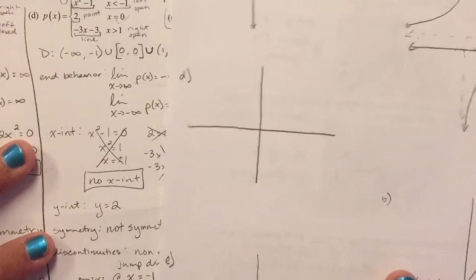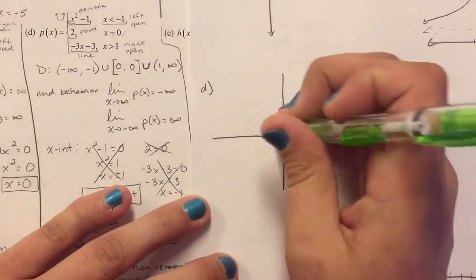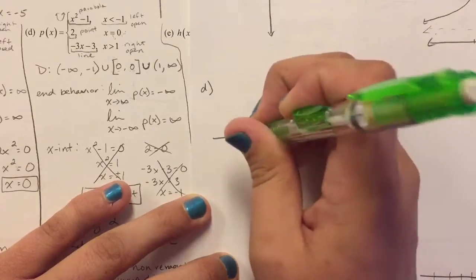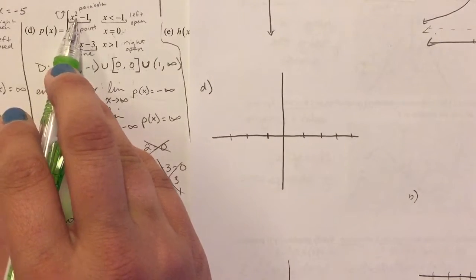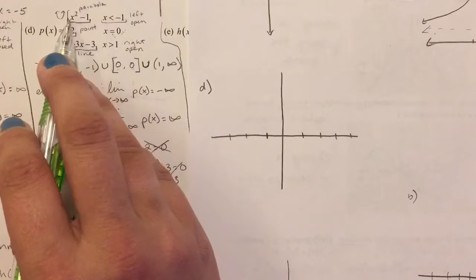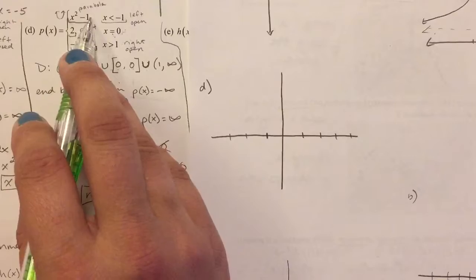So let's take a look at a graph. It's graph D, okay? So until I get to -1, I'm on this parabola, okay? And if I plug -1 into the parabola, that's 1 squared minus 1, which is 0.